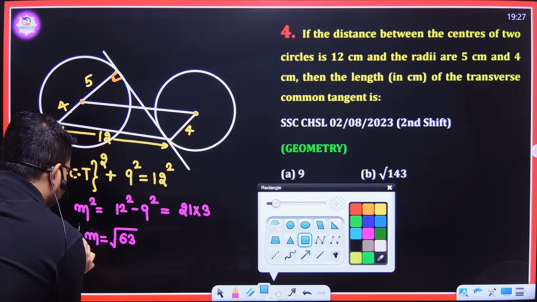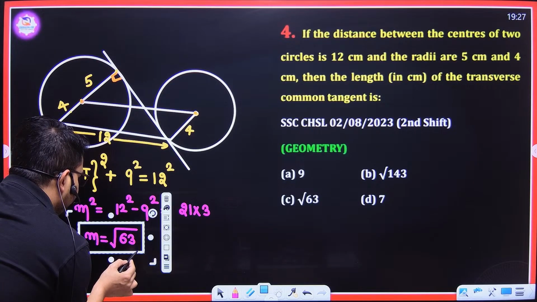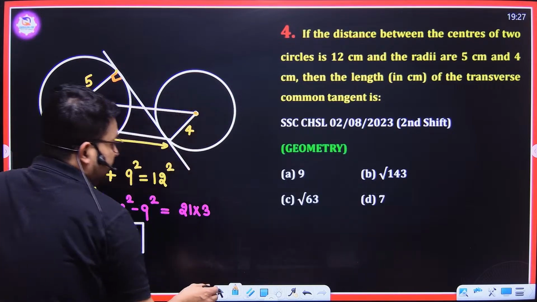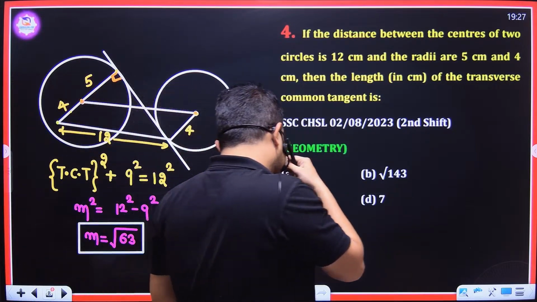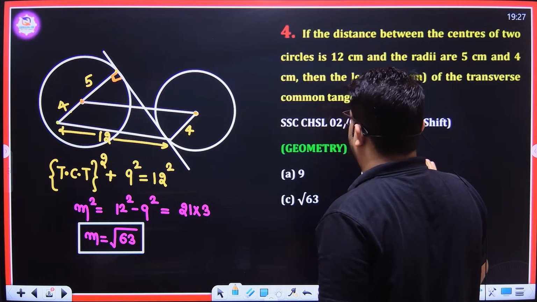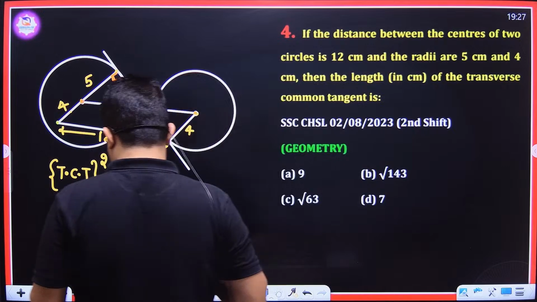You can do these questions in 15 to 20 seconds, but here I have to explain each question to you. In your exam, what will you do?